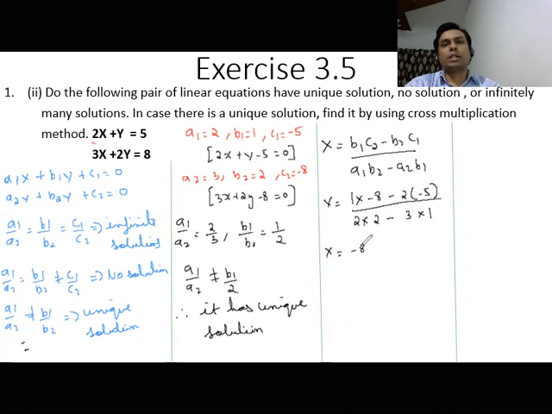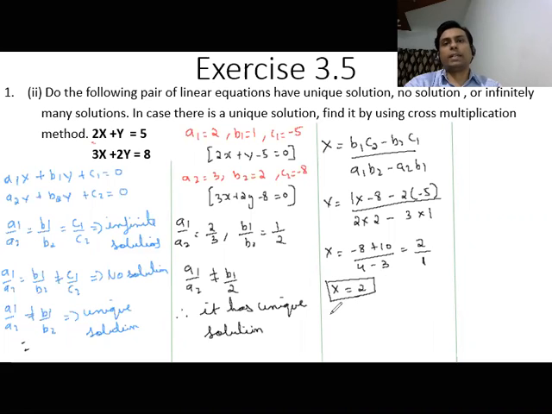So x becomes minus 8, minus into minus plus, so plus 10, divided by 2 into 2, 4, 4 minus 3. Minus 8 plus 10 is 2, 4 minus 3 is 1. So x is equal to 2.